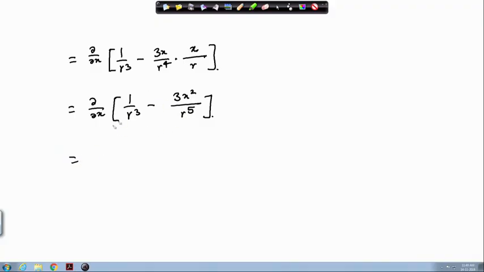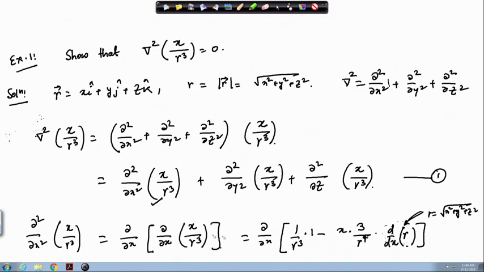So, this one would be again minus 3 by r to the power 4, and then it will become x by r, like this term became. This is similar to doing ∂/∂x of 1 by r to the power 3.